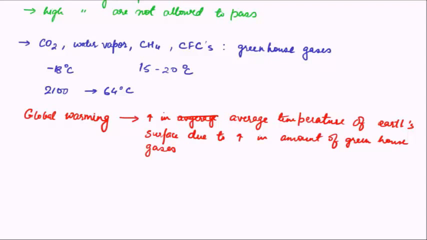Then the glaciers at the north and south pole have already started melting, and once they start melting exponentially, or a lot of it is molten, then what will happen is the average sea level of the whole world will rise.